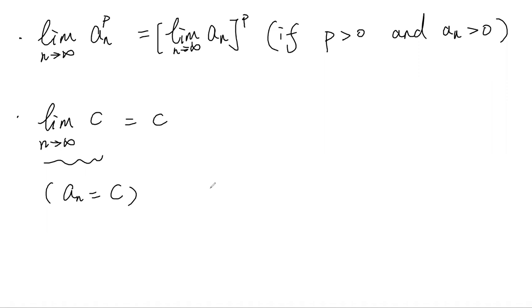So in the function sense, you can consider this as a constant function. So we can call it a constant sequence. So all the values of a_n are the same number.